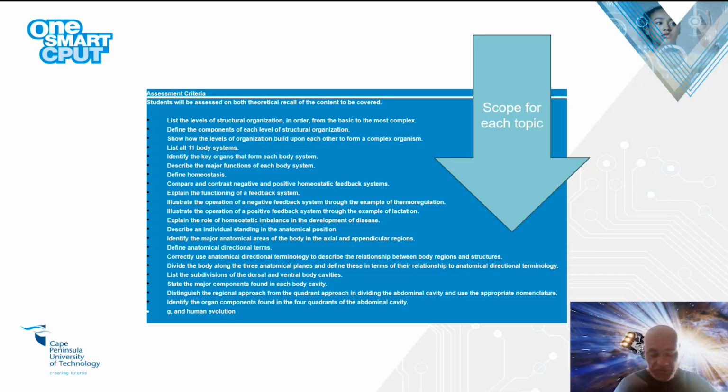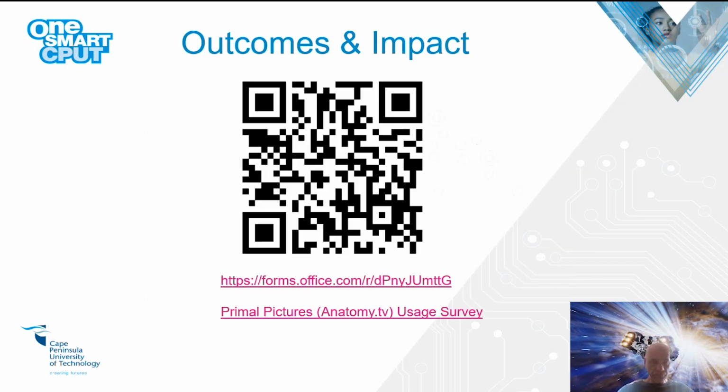I can give that to them at the beginning of the year. Don't ask me for a scope of the test. All your information is there, and all of it comes from Primal Pictures, aligned with our previous study guide. Thank you, Nathir. You can go to the next slide.